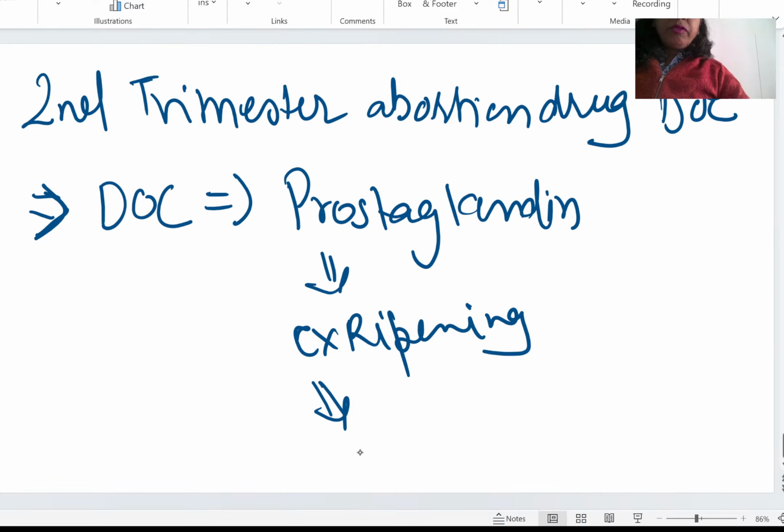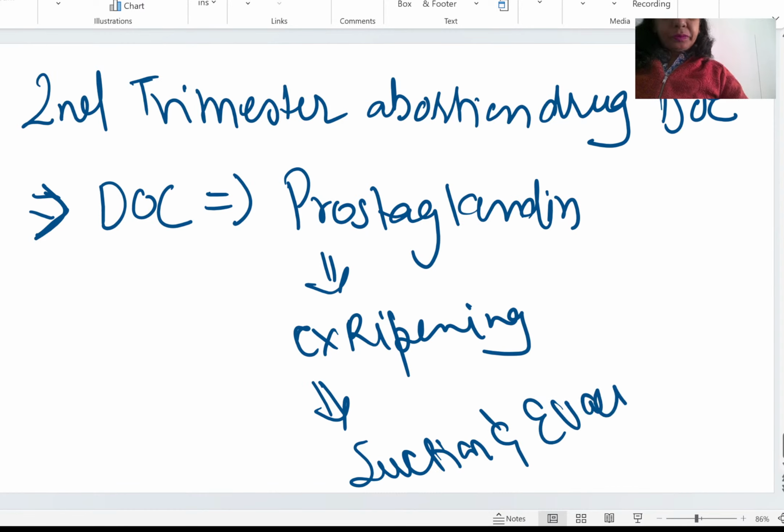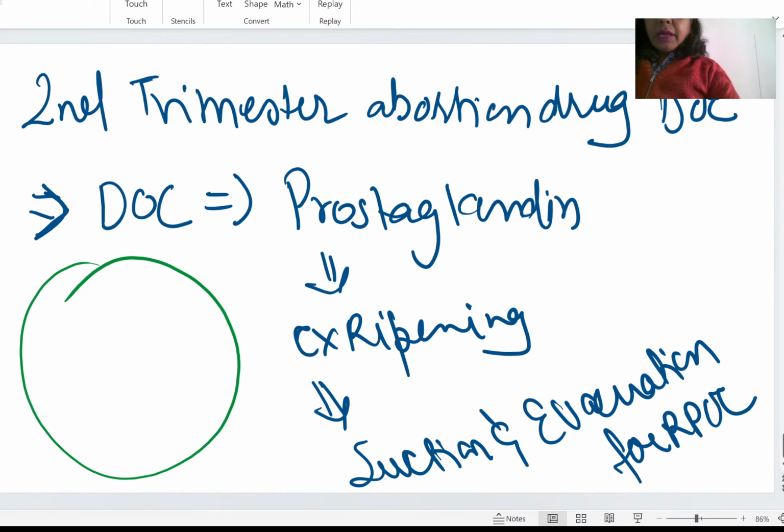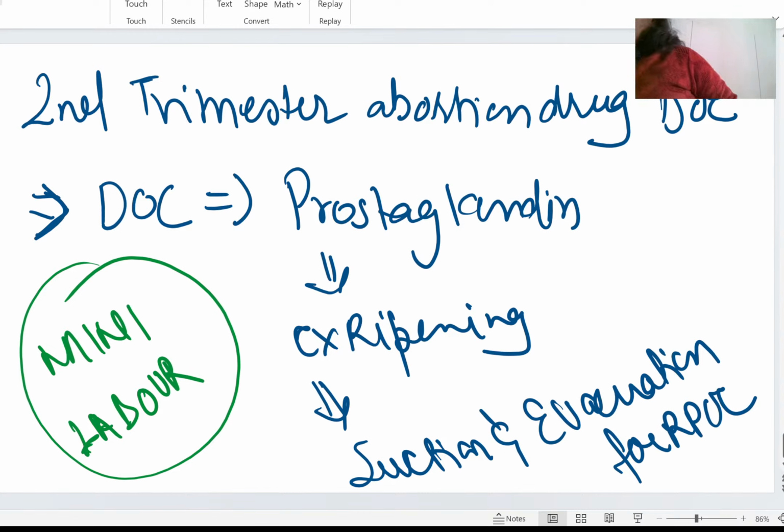Otherwise we remove the fetus by suction and evacuation for RPOCs. It is not mini laparotomy, it is mini labor. Second trimester abortions are mini labor.